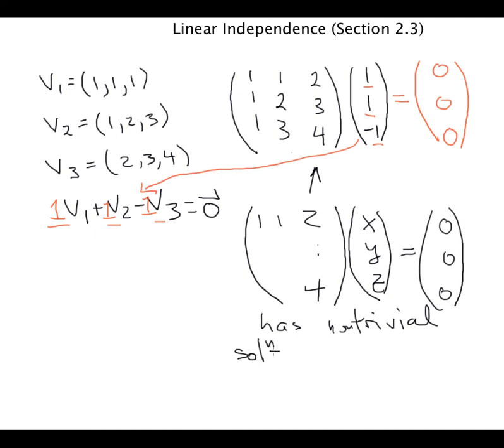Well, when does it? In general, it has a non-trivial solution if and only if the determinant of the matrix is 0. And of course, that's what you saw up here.